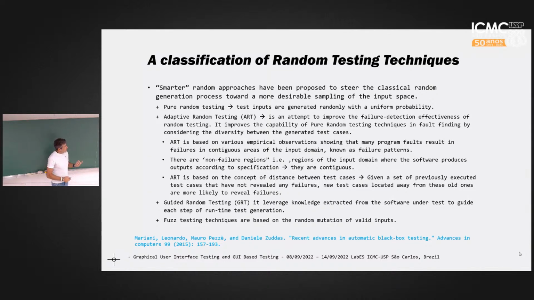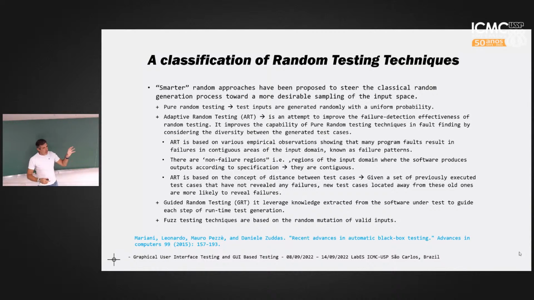So adaptive random testing started from an analysis of various empirical observations. If you consider a program, you can see that there are different regions where you have faults and regions where you have no faults.